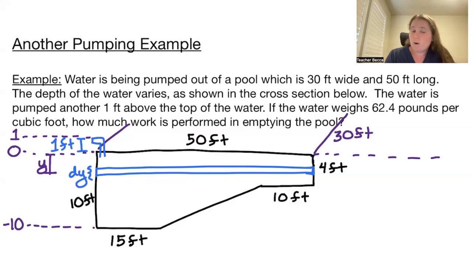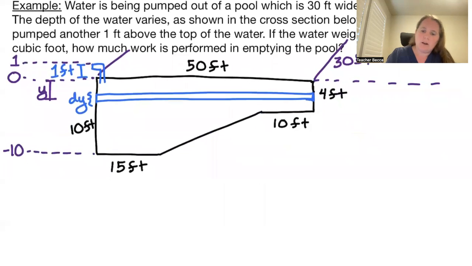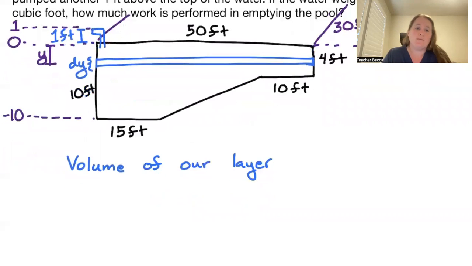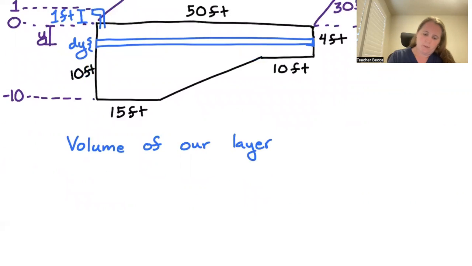We are raising this water out of the pool. And so the volume of our sliver, or the volume of our layer, is going to depend on where we are in the pool, right? So it depends on the depth.